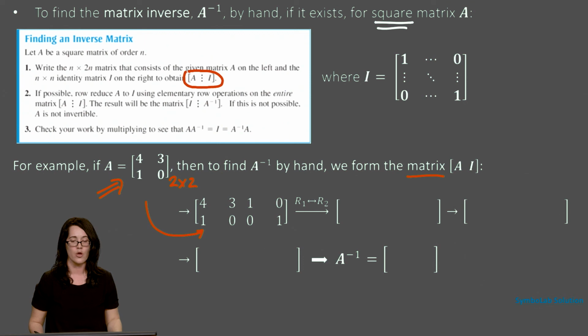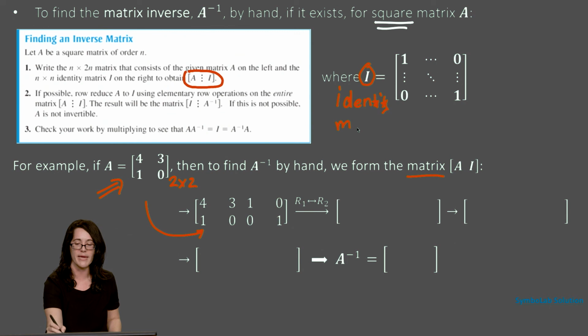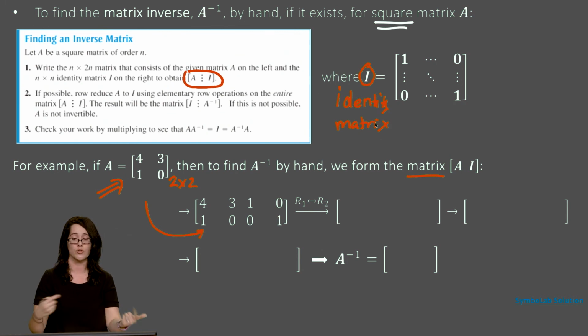And on the right, we're going to put the identity matrix. I mentioned that in a previous slide today, but remember what that was. This identity matrix was the matrix which is the same size as the actual matrix you're starting with, so 2 by 2 in this case, where there are 1s along the diagonal and 0s everywhere else, including up here.